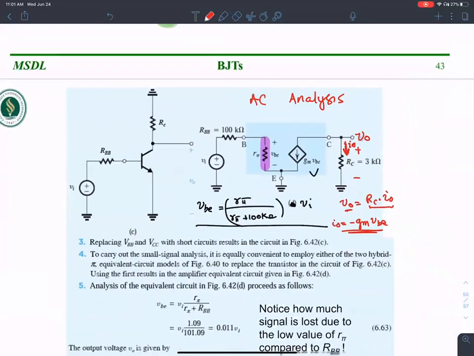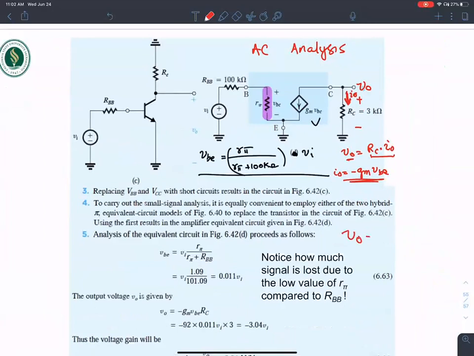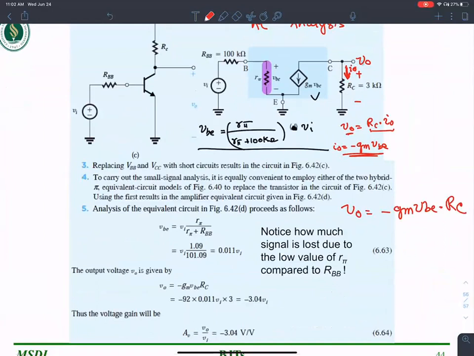So V output is going to be negative GM VBE times RC. Now you can notice that VBE can be replaced with all of this.